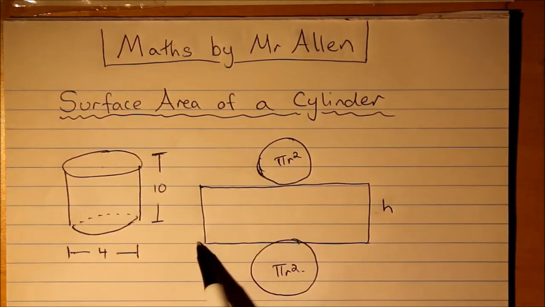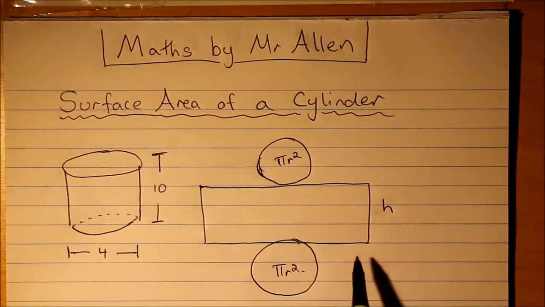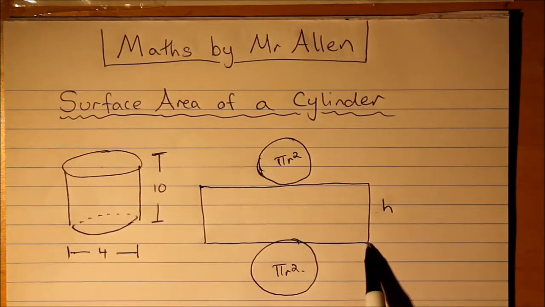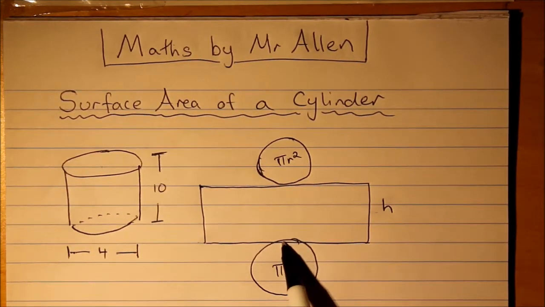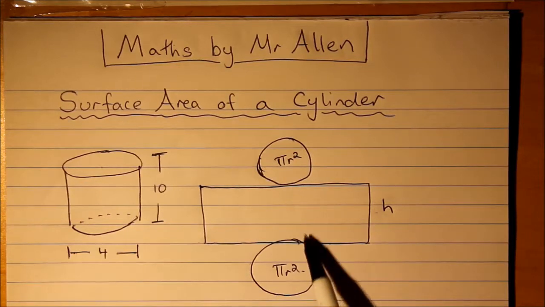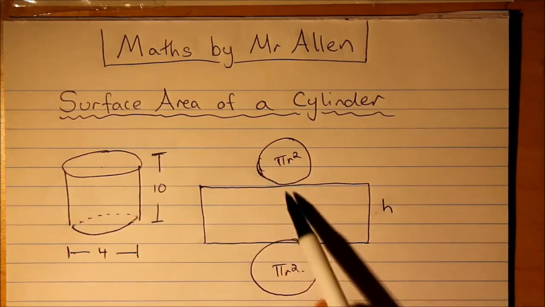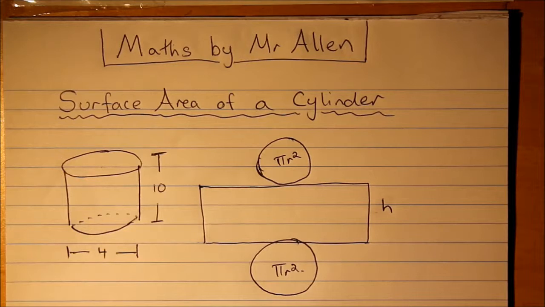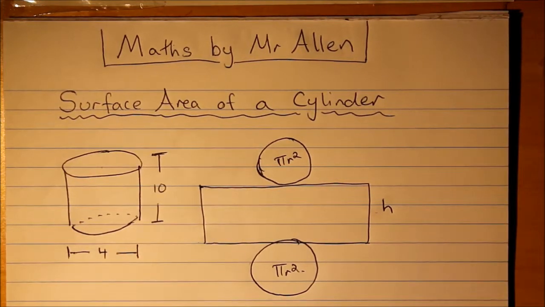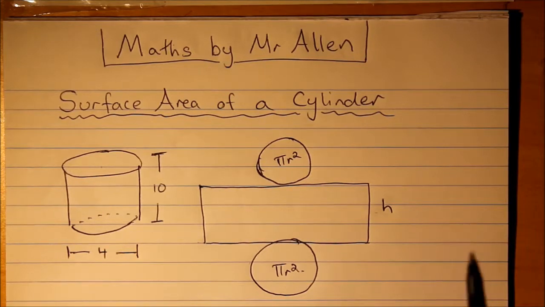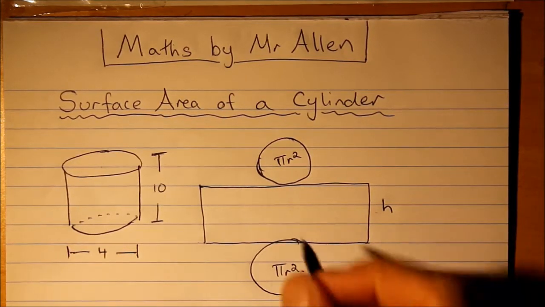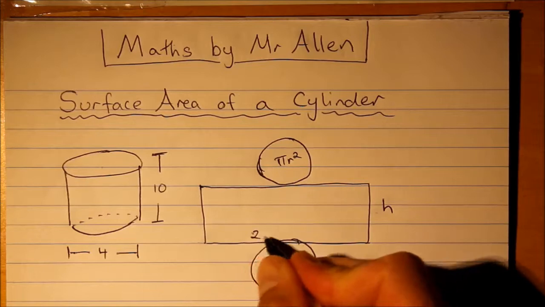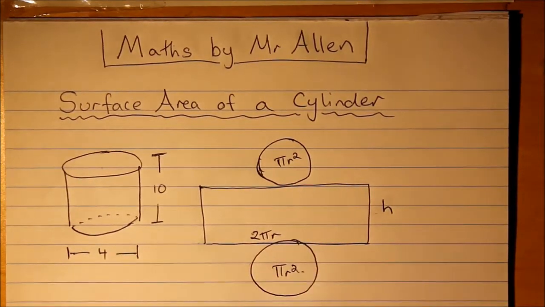And this length here, how are we going to find that out? Well, look at this. It would wrap around the circumference of that circle we've just drawn. So, what's the circumference of a circle? Well, if you don't know, twinkle twinkle little star, circumference equals 2 pi r. Okay, so 2 pi r.